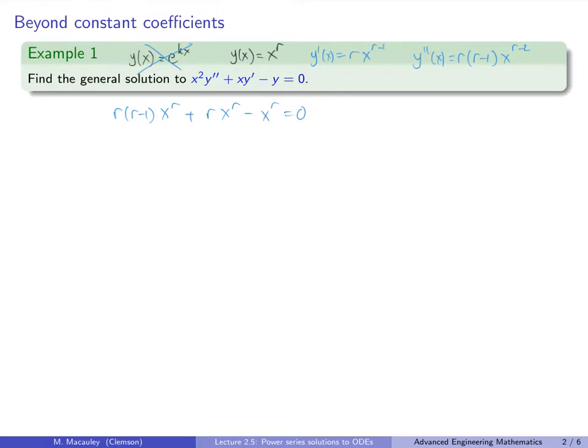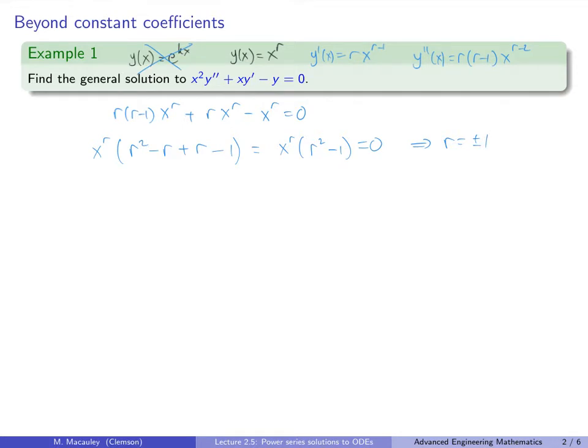So let's simplify this on the left hand side. First of all, we can factor out an x to the r. There's going to be an x to the r in everything. And now what do we have left? We have r squared minus r plus r minus 1. So that's x to the r times r squared minus 1 equals 0. That tells us that r equals plus or minus 1.